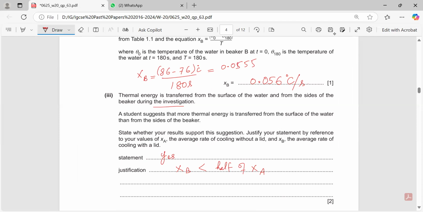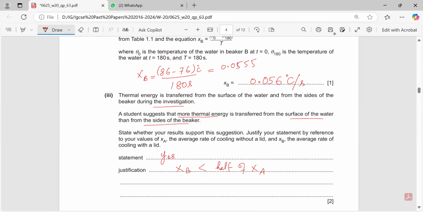So if there is no lid, the heat will be lost to the surroundings more quickly, not only by evaporation but also by convection. And there should be a big difference if we compare the heat losses from the surface and from the sides. They said students suggest that more thermal energy is transferred from the surface of the water than from the sides.